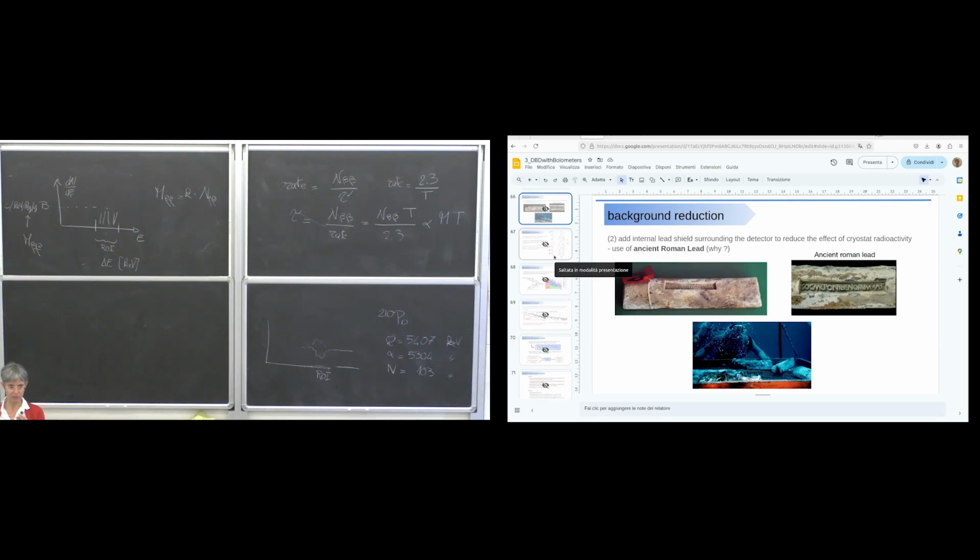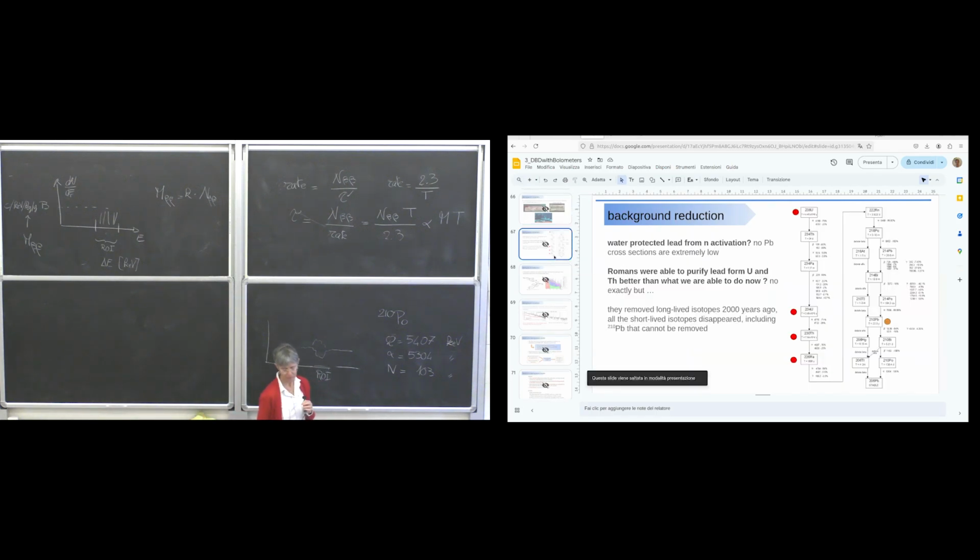So there is some radioactivity that is not in Roman lead and is in all the other lead. What is the radioactivity that is removed? It's lead 210.